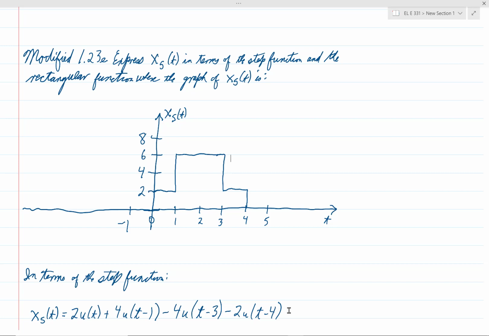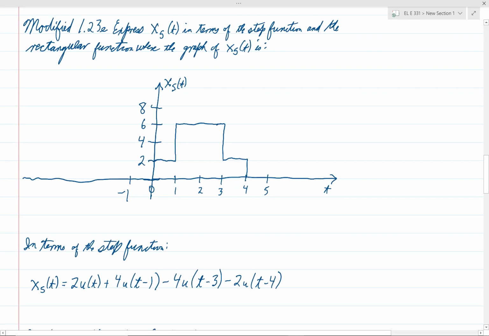Okay, so I hope that you were able to find at least one way of expressing this function in terms of rectangular functions, and even better, if you were really creative, I hope you could find 2 ways to do that. But let's see how this goes.